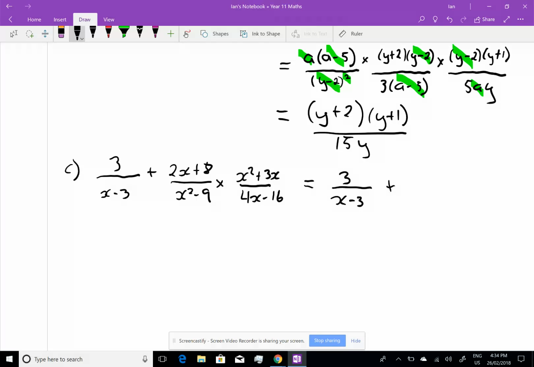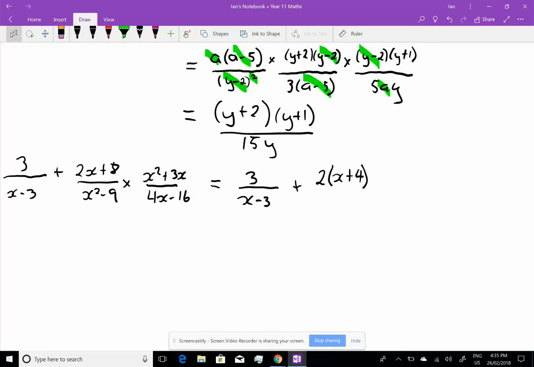plus, now I'm going to do this multiplication, but before I do that, I'm just going to do some factorising. I'll take the 2 out of the 2x plus 8 and get 2 times x plus 4. X squared minus 9 is x plus 3, x minus 3, that's a difference of two squares.